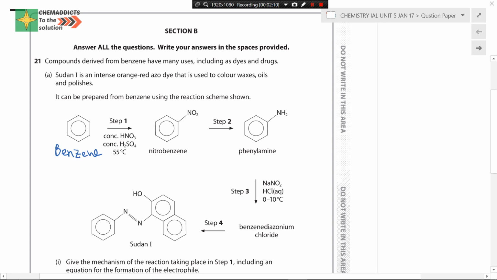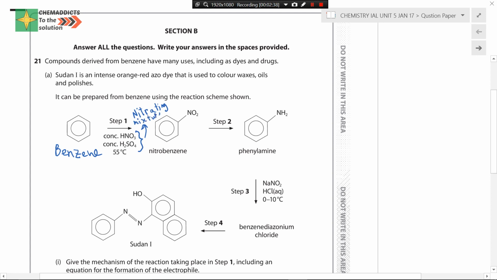So let us discuss this part of the reaction scheme. Here these two reagents are called the nitrating mixture. You can guess from this name that this is nitration of benzene.